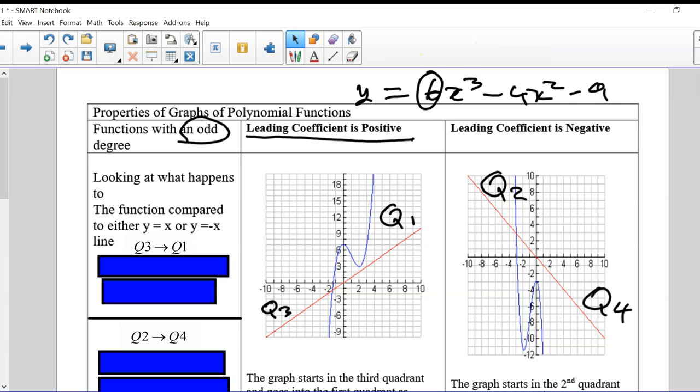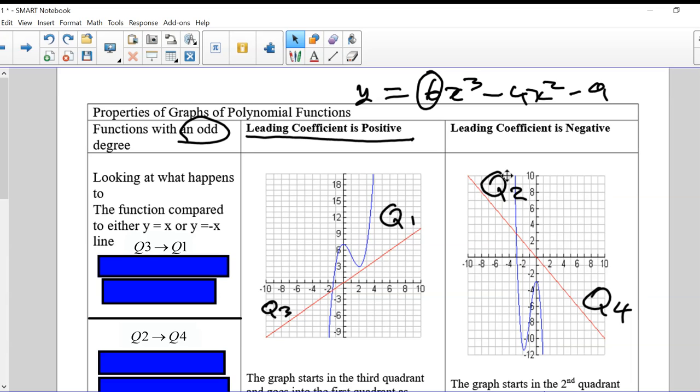Now, that's for a linear function with a negative lead coefficient, but it turns out that that is exactly how all other odd degree functions with a negative lead coefficient behave. So you'll see this blue line behind it, and I'm tracing it out with my stylus right now. That's a cubic function that has a negative lead coefficient, and it's doing the same thing in terms of end behavior as the linear function.